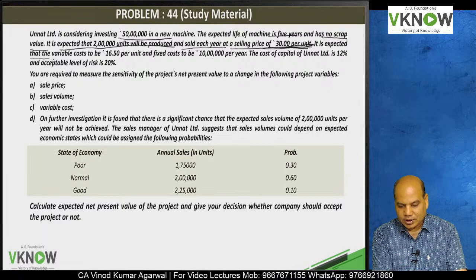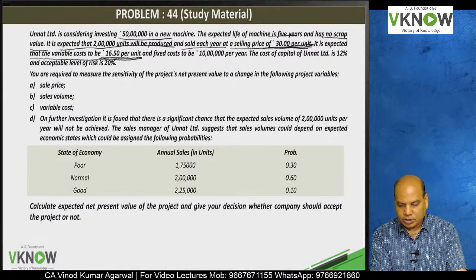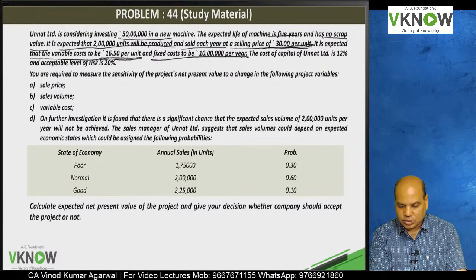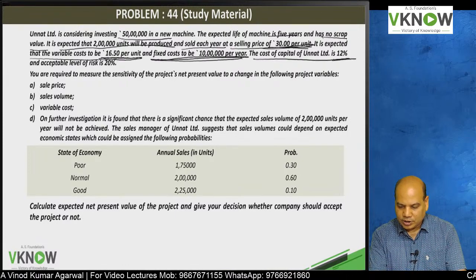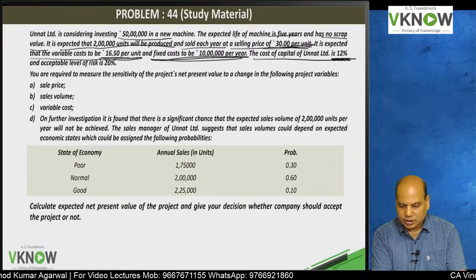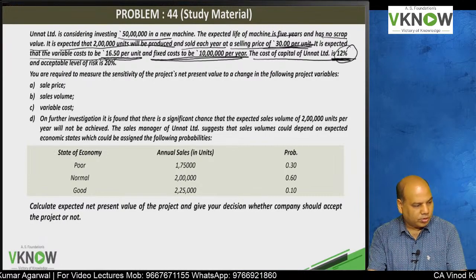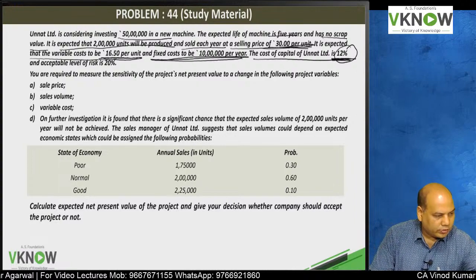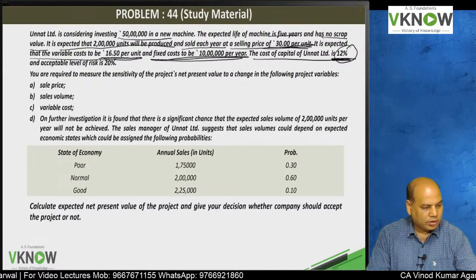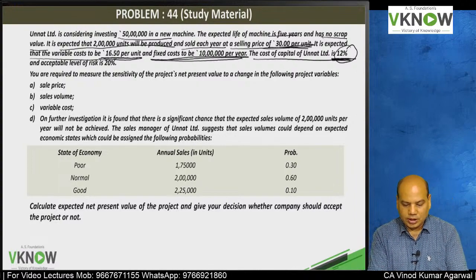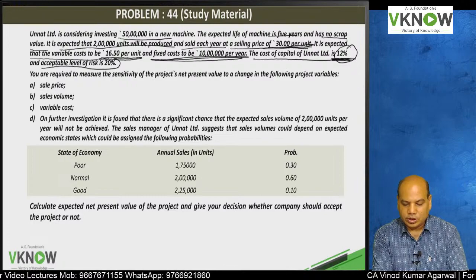It is expected that variable cost will be 16.50 per unit. Fixed cost is 10 lakh per year. The cost of capital is 12%. So this is going to be my discount rate. An acceptable level of risk is 20%.